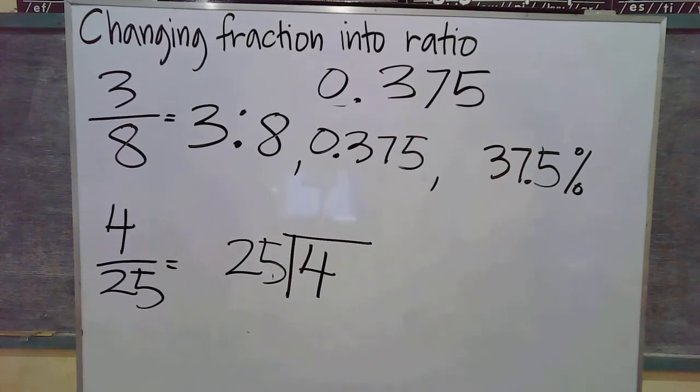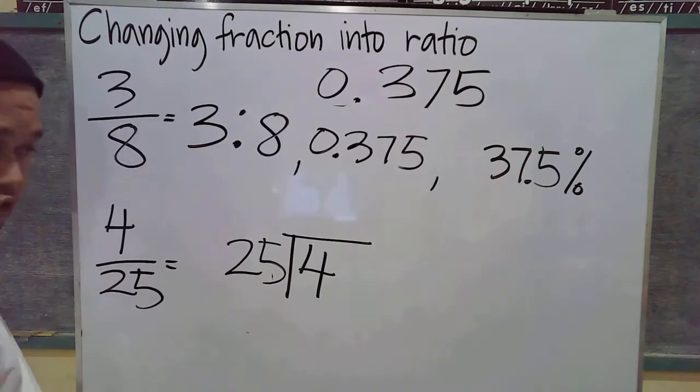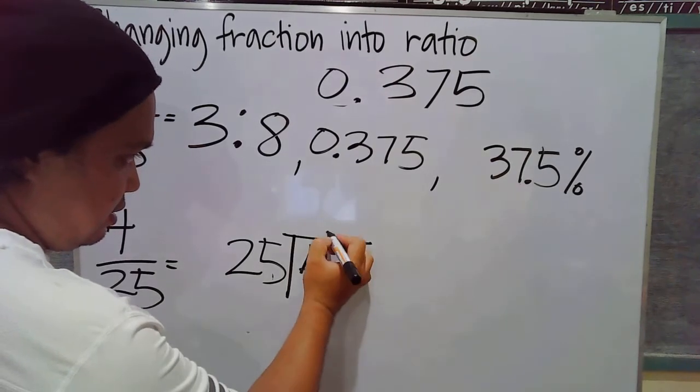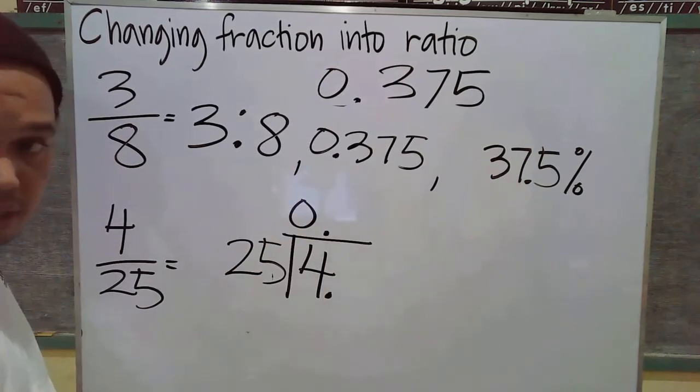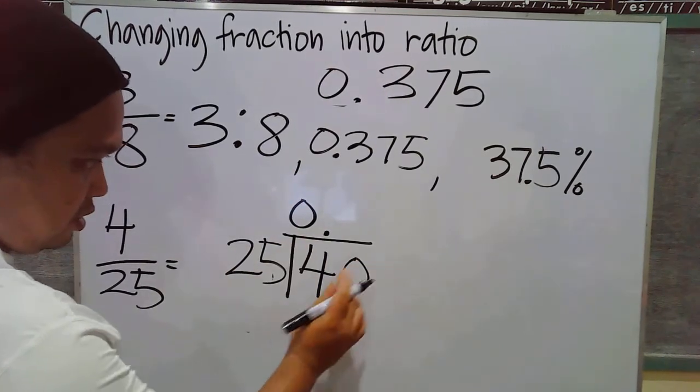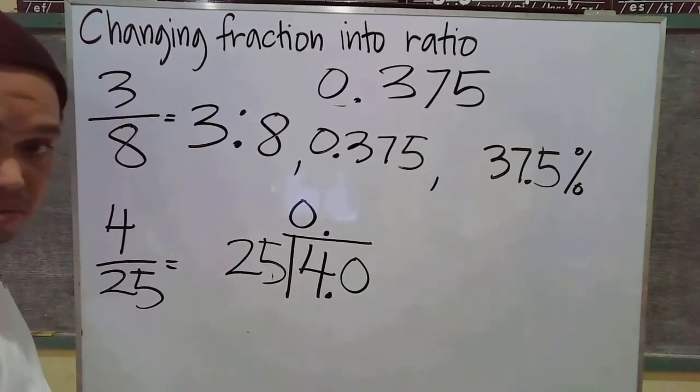Okay, so 4 divided by 25 cannot be done. Why? Because 25 is greater than 4. So we can answer this by making it a decimal number. Okay? It's less than 1. So we have 0 here. To make it a 2-digit number, we can now divide.